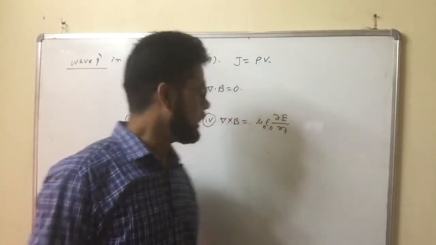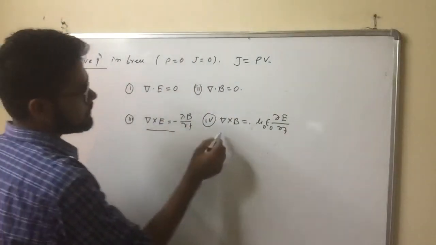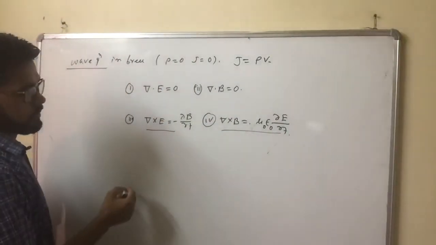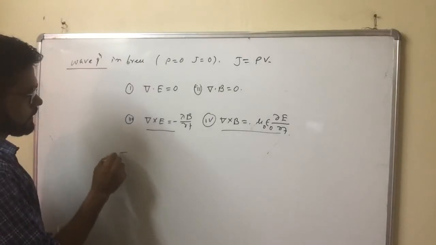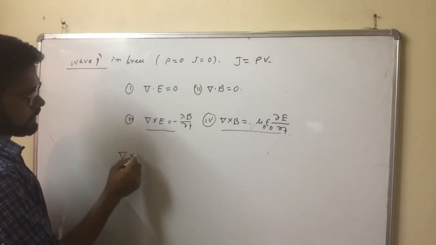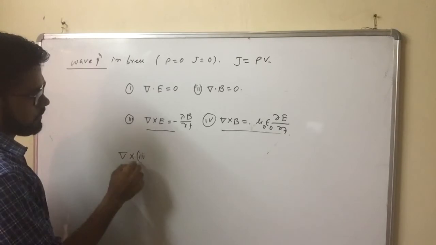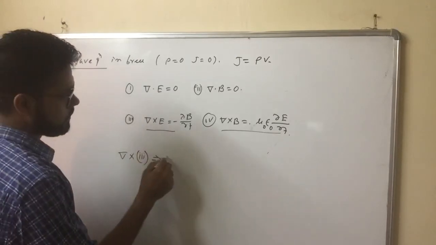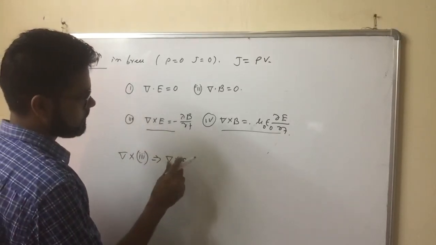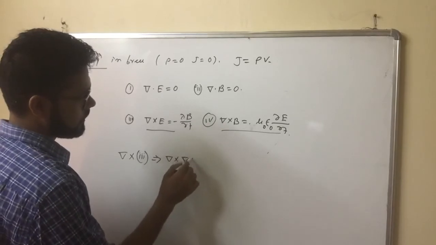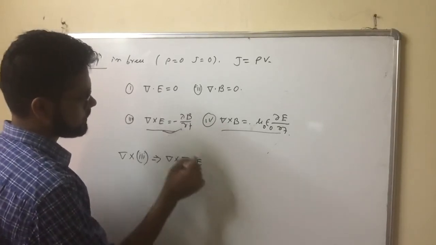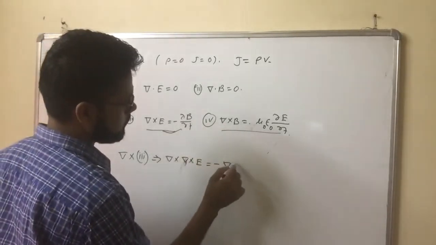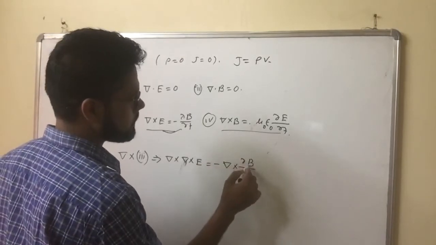Now taking the curl, I assume that you already know the vector triple product. I am taking the curl of any two equations. Take the curl of equation number 3. Then what will you get? Del cross del cross E, the left side of this equation, equals minus del cross dB/dt.